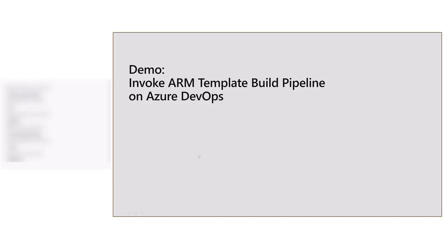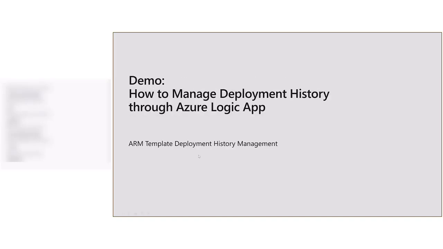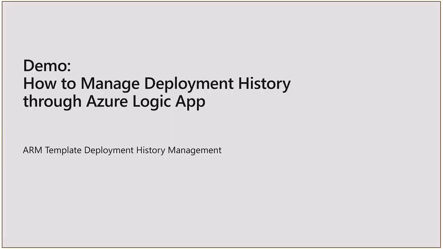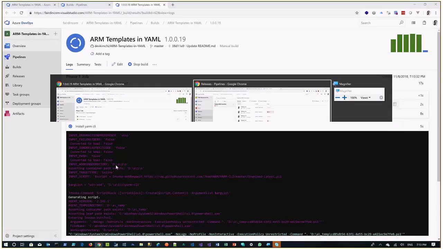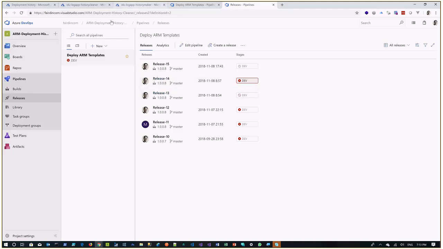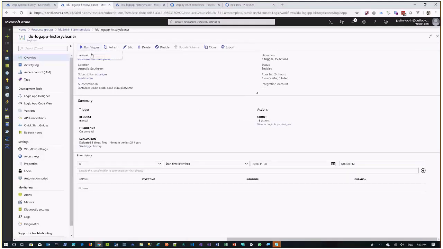I'm going to kick off another logic app to manage deployment history. It takes 15 to 17 minutes, so it's better to start right now. So this is the one, I'm going to run this.